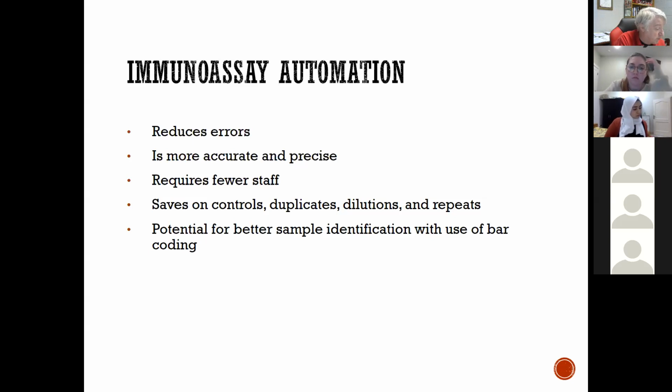We just did the group A strep test. Remember that? We did strep test, strep A. So you should have that one. So we'll change that to strep A.